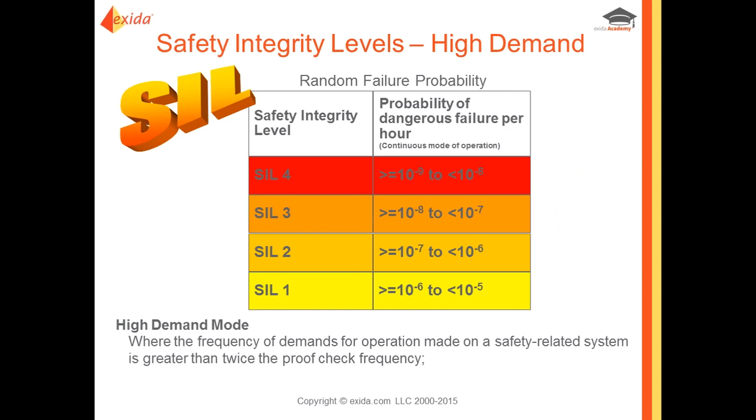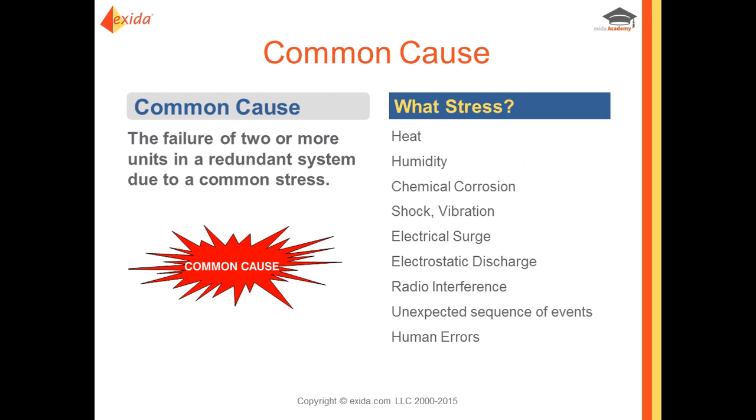Exida kind of condensed and simplified the definition to say a dangerous condition or a demand that occurs infrequently and at least two times less often than the manual proof testing. So therefore, the proof test can be given credit for a risk reduction. So here are the charts again from IEC 61508.